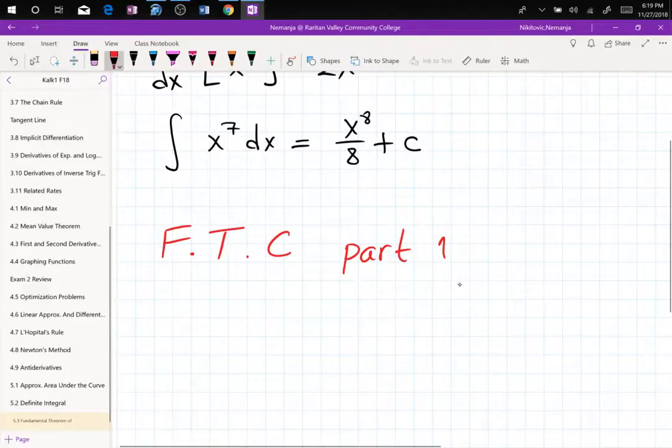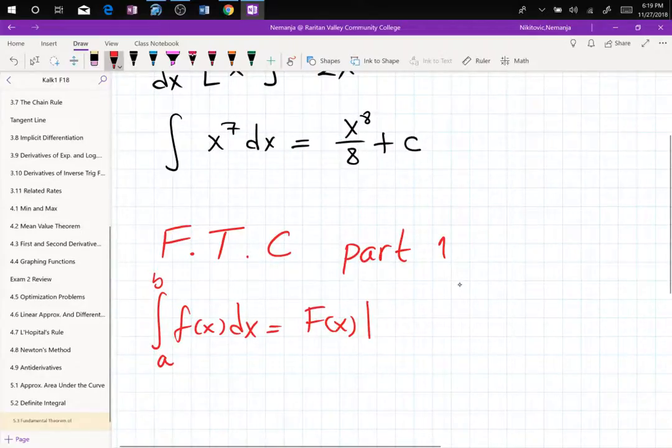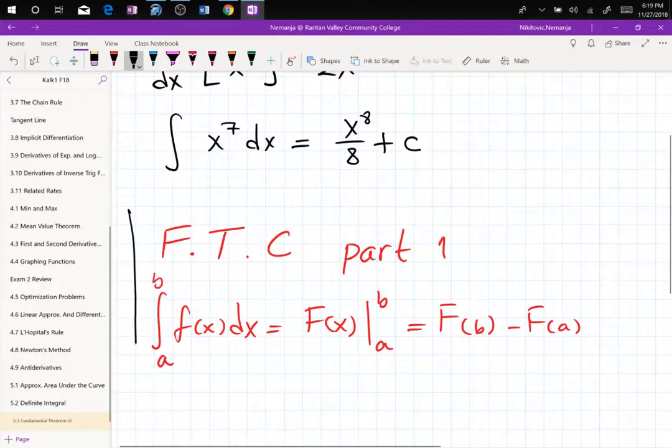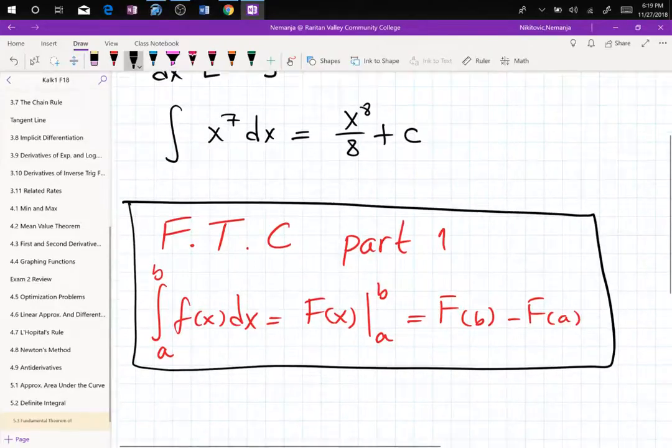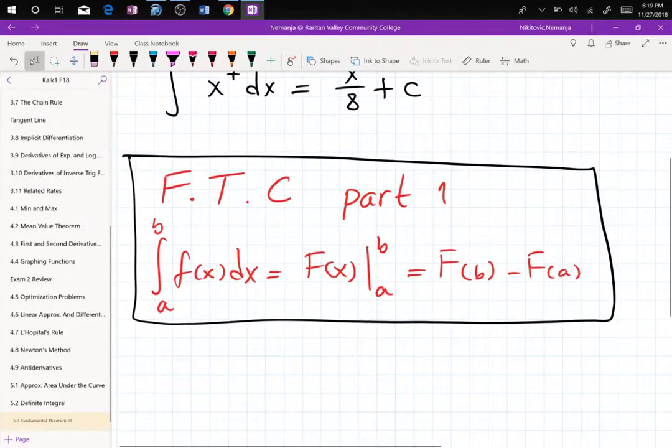And that one is that the integral from a to b of f of x dx is any antiderivative computed from a to b, which is f of b minus f of a. So this is the fundamental theorem of calculus part 1. And this actually tells you how to compute definite integrals.